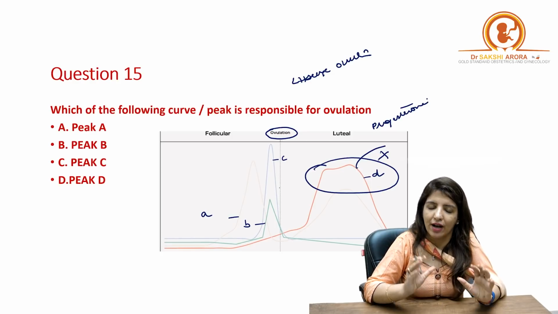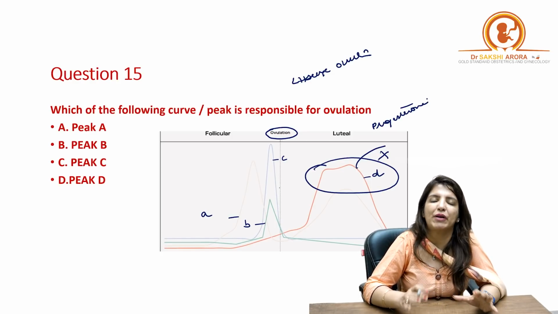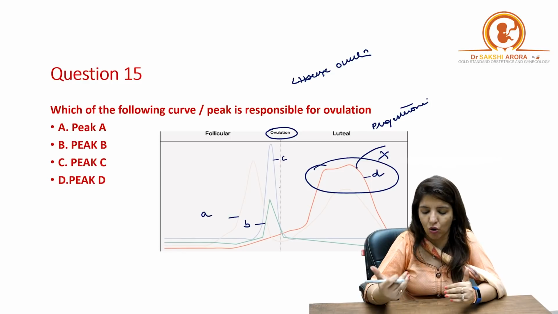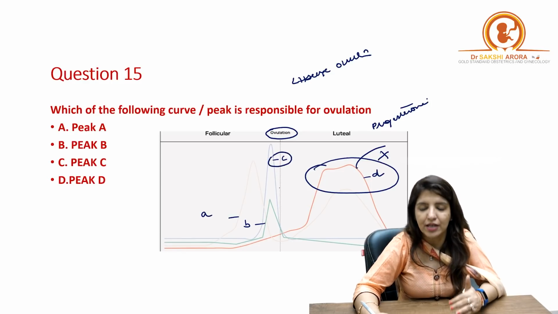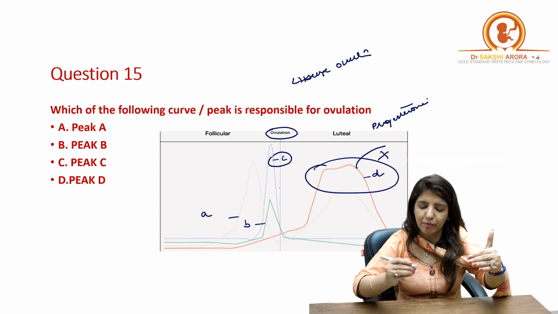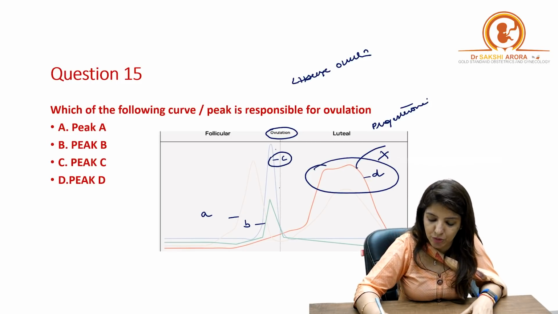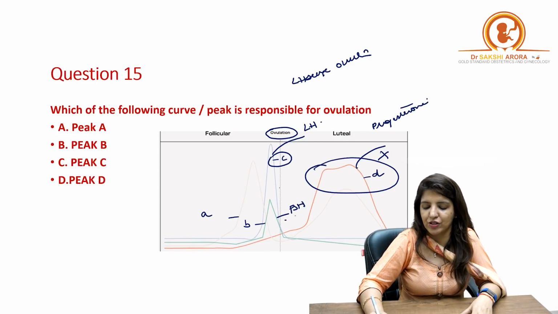So ovulation is happening because of either peak C or peak B, right? Now I am seeing that peak C is much higher than peak B. That means it is peak C which is representing LH, and this peak B is representing FSH.